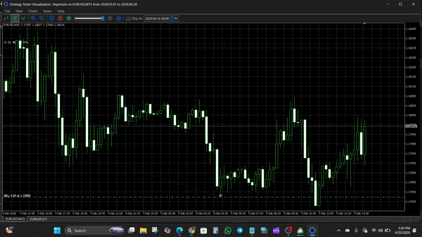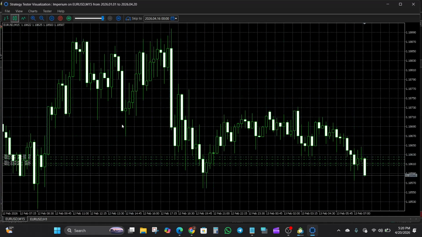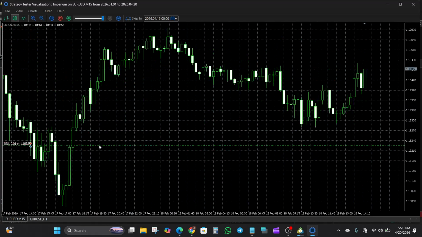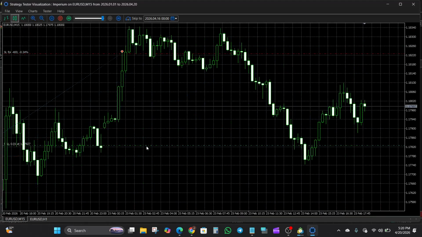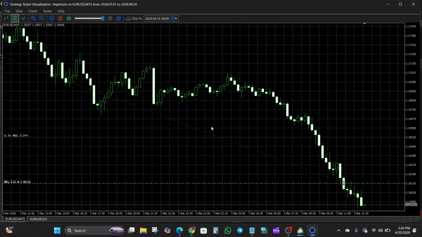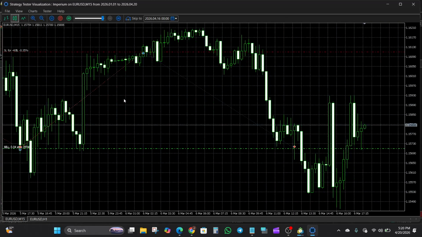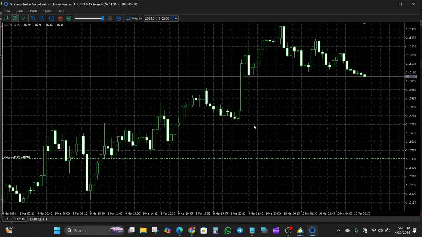In terms of strategy, what this looks like is a mix of trend following behavior. We can see that we had trending markets, and then we also see a possibility of mean reversion or consolidation based entries. At some point the markets were consolidating and the EA still executed a trade.